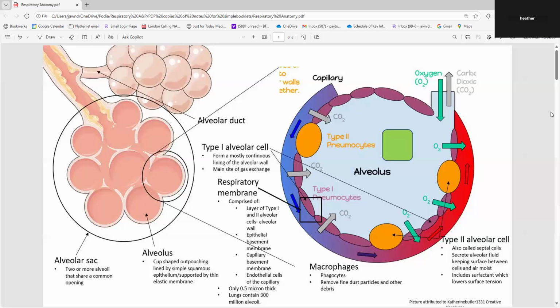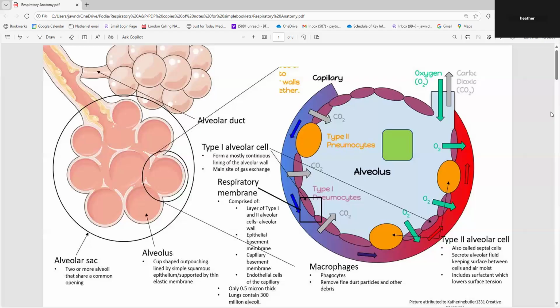It accounts for your nose, your pharynx, the naso-, oro-, and laryngopharynx, your trachea, and many, many divisions of your lungs. So you get about 150 mils of dead space, so it's not taking part in gas exchange. Down to the alveoli. So the alveolar sac refers to 2 or more alveoli that share a common opening.